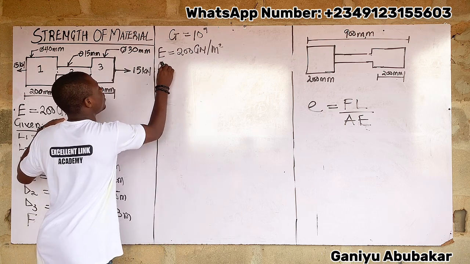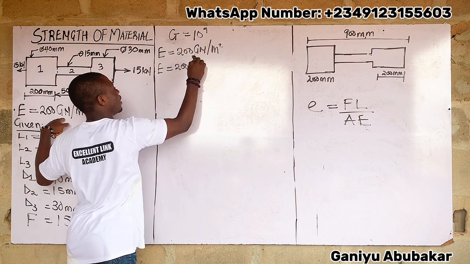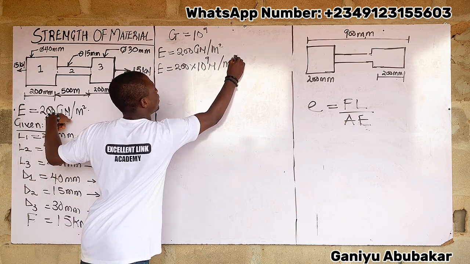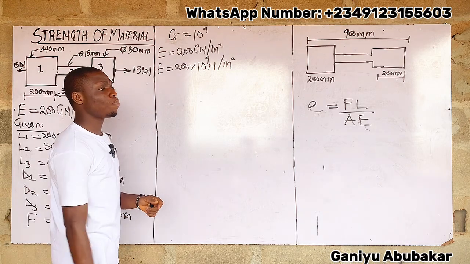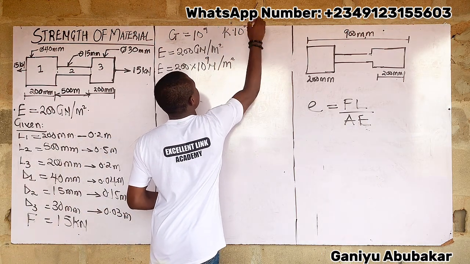E is equal to 200 times giga, 10 to power 9 Newton per meter squared. We know that kilo is 10 to power 3.